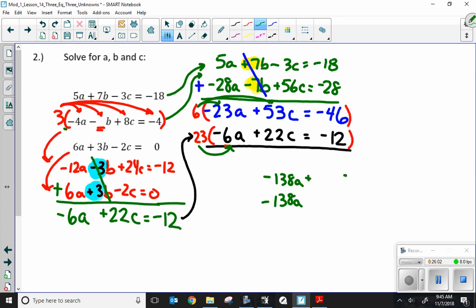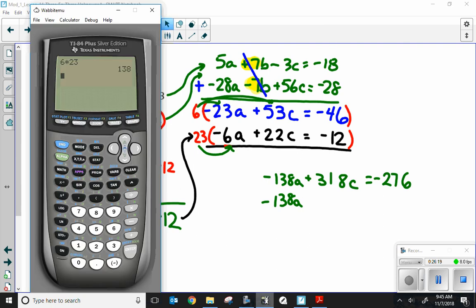That's going to be 18, carry the 1, 3, 18C equals, oh my God, 36. Carry the 3. That's 24, 27, negative 276. I'm going to check those. 6 times 53, 318. 6 times 46, 276. We're good. All right. Now we need to multiply our bottom equations.